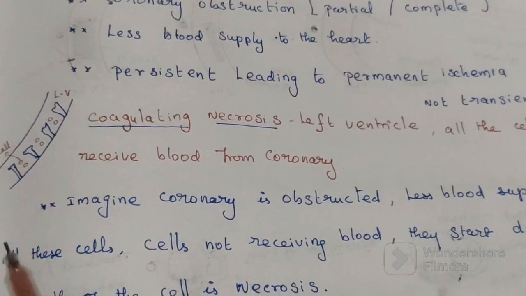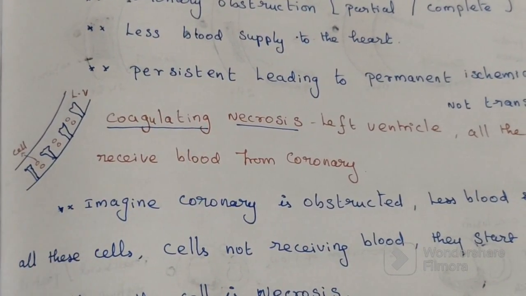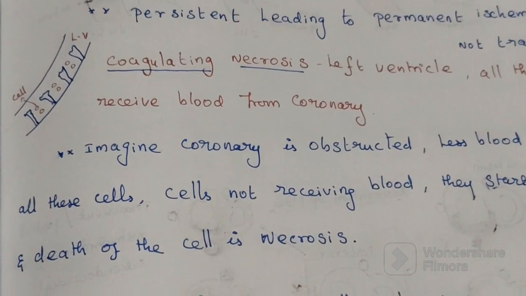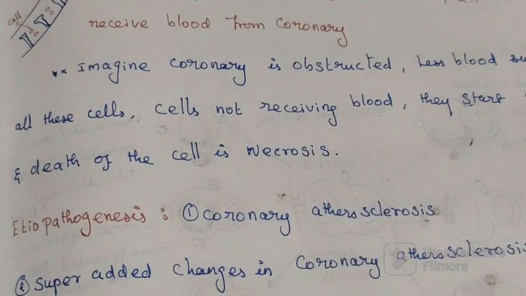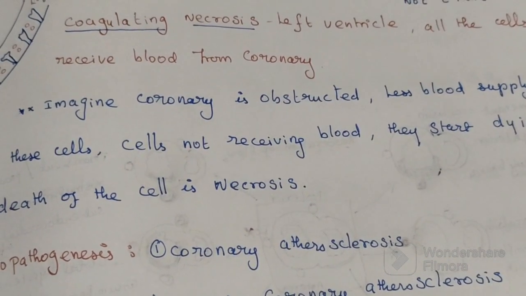The cells in the left ventricle receive blood from the coronary. Now imagine the coronary is obstructed.